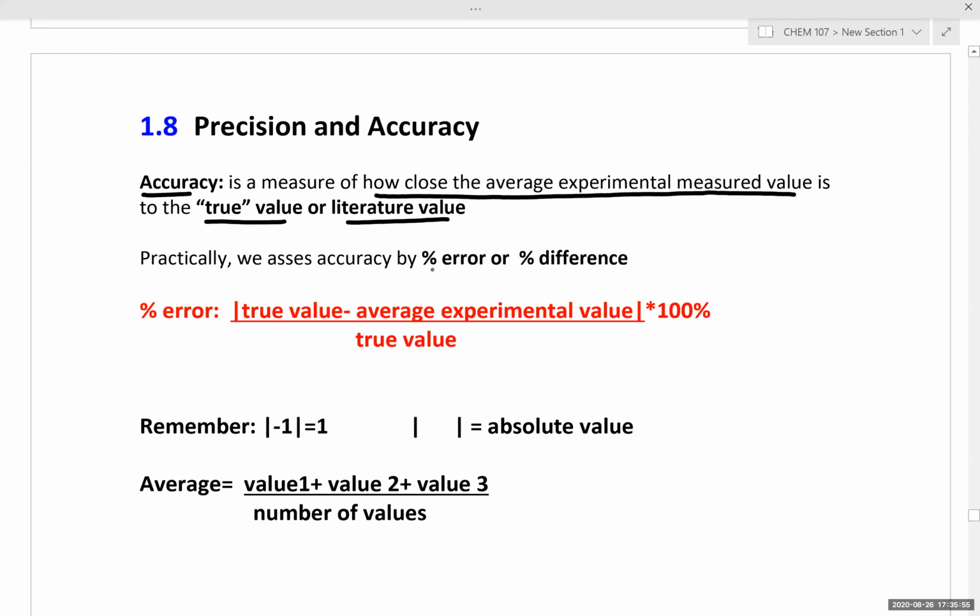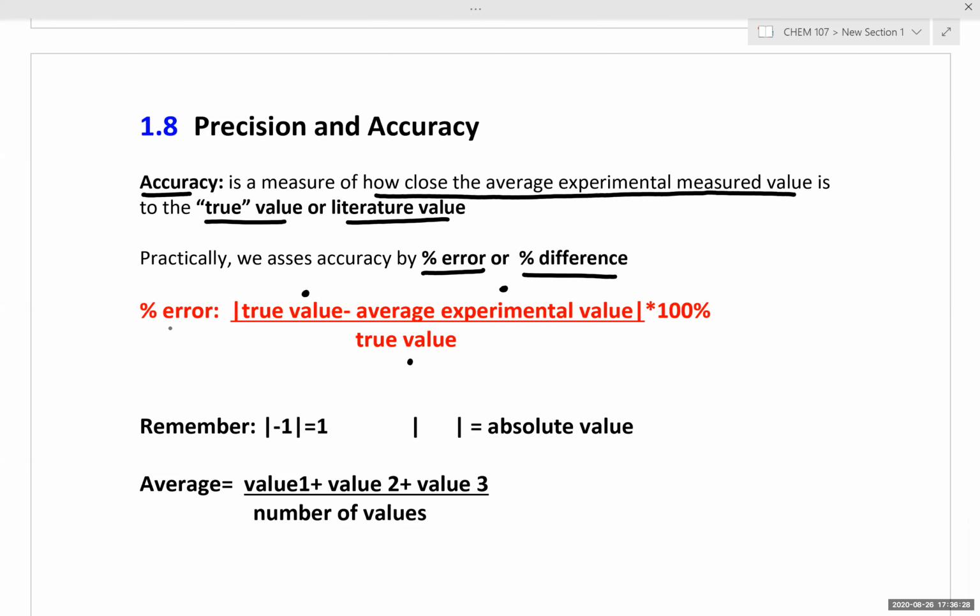We assess accuracy using percent error or percent difference, where percent error is the absolute value of the true value minus the average experimental value, over the true value, times 100%. These vertical bars represent the absolute value, which means no matter if this number is negative or positive, you always write out the positive value. Percent error is always going to be a positive number.